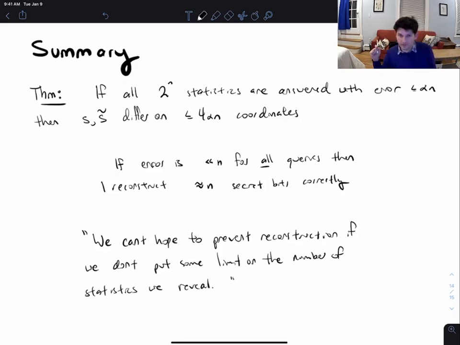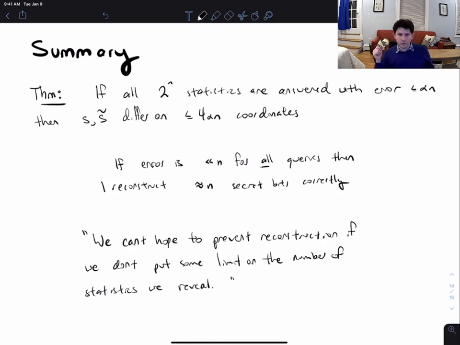Even this statement is non-obvious. We're taking a type of statistic that seems very benign. We're just counting the number of people with the disease in certain subsets. We're allowing a fairly large amount of noise, and yet we're saying that if we don't put some limit on the number of statistics, then we can't release any answers that have any reasonable accuracy guarantee. They have to have error that's huge, very close to n. So even that statement is non-obvious, and it's very important that it comes out of this work.